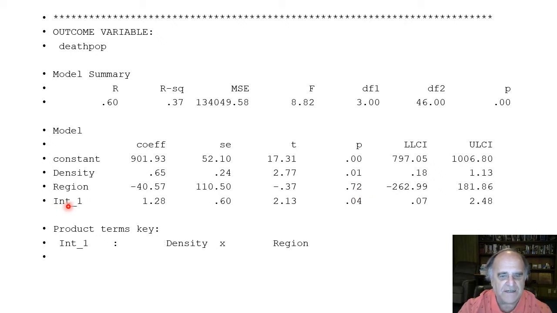The interaction is significant. So again, we do get a significant interaction. Region interacts significantly with density in predicting COVID deaths. And again, region was coded north-south, so it's a categorical or dummy variable. So you can see the product term here. The interaction is density times region.